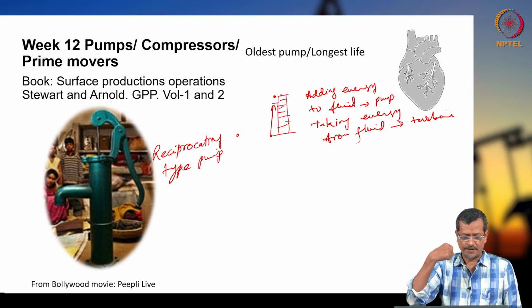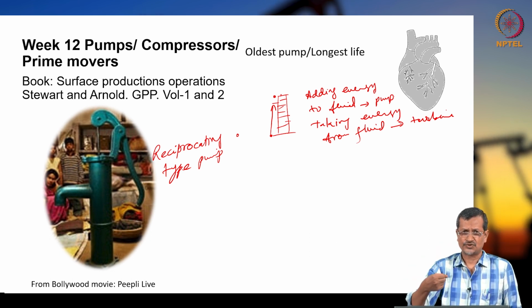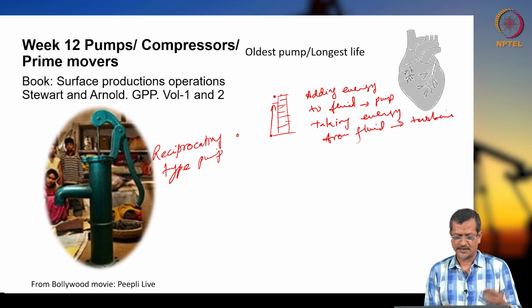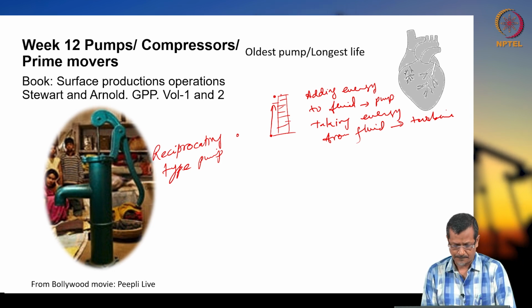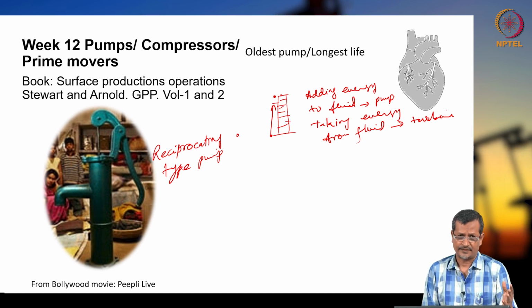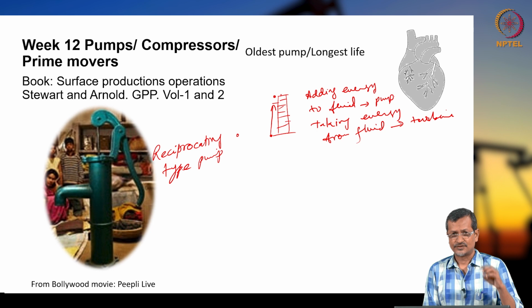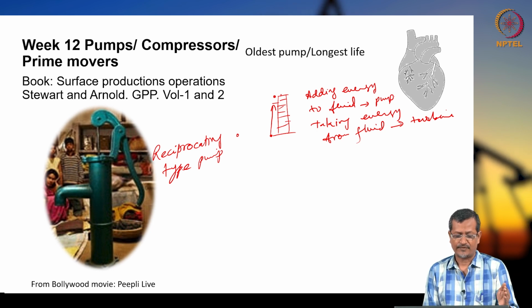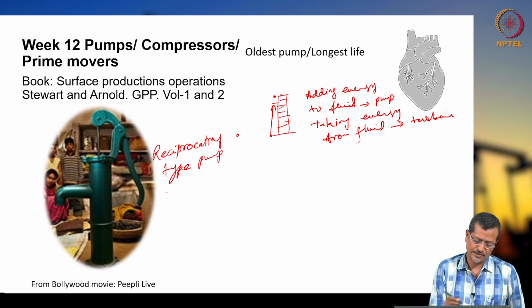But it is good for household applications or normal rural applications, and in many cases agriculture applications too. But in many cases where you need a higher flow rate, you use a centrifugal pump. For lower flow rate you use this one, so this is lower flow rate.